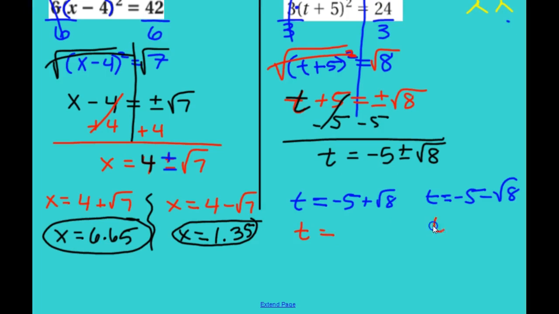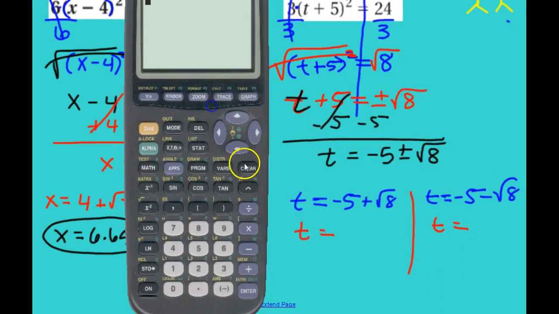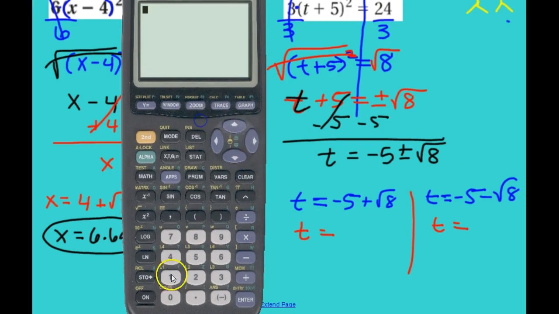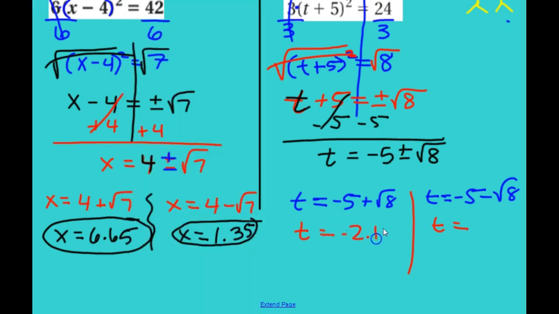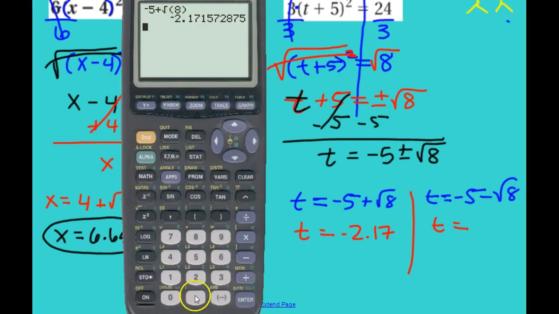So let's plug this in to see what our two answers are. So first we have negative 5 plus the square root of 8, which is negative 2.17. And then negative 5 minus the square root of 8 is negative 7.83 if we round it.